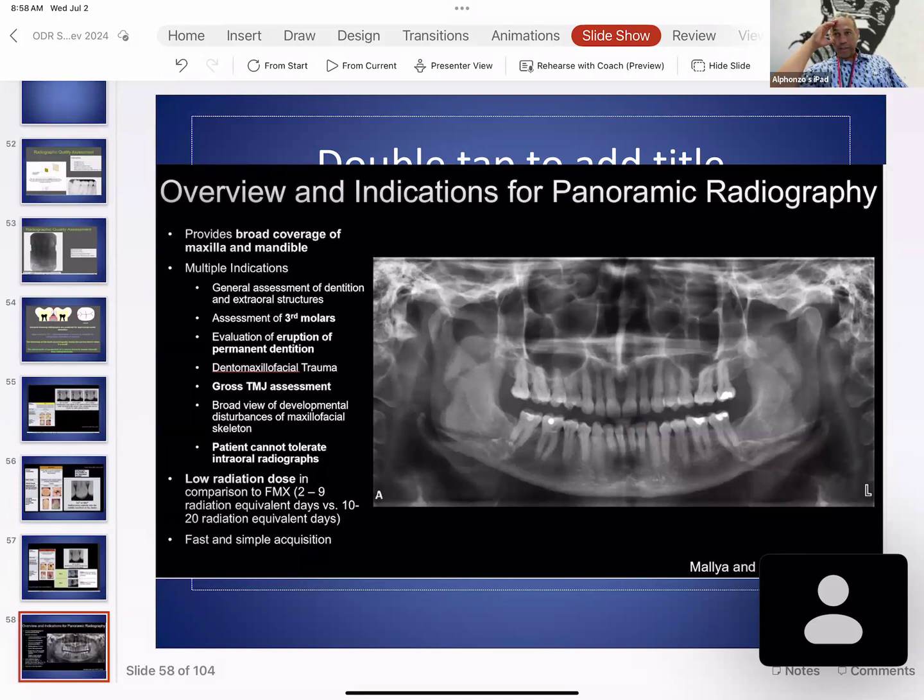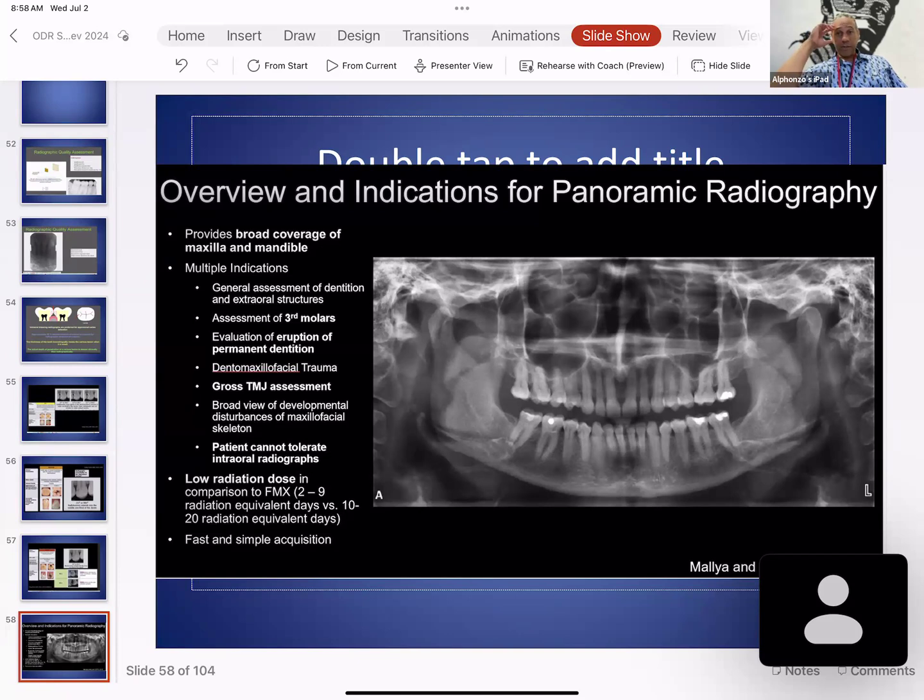So, overview and indications for panoramic radiography. It provides a broad coverage of the maxilla and the mandible. One of the big positive factors is really getting a good understanding of what's going on and an overview of what's going on with the patient's jaws and the paranasal spaces.